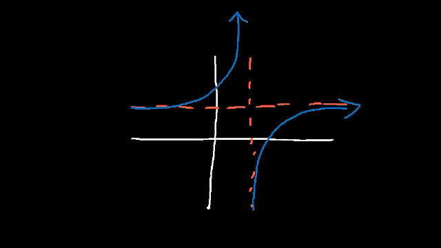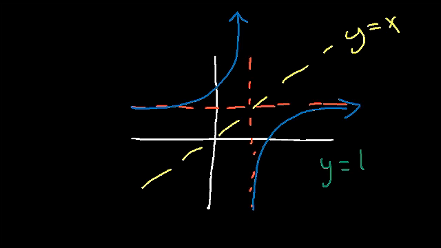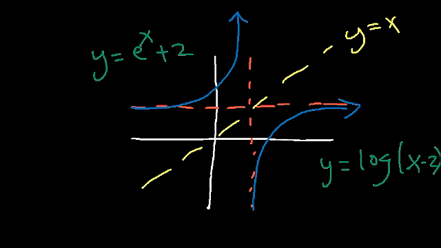So you could see the symmetry across this line. So this is y is equal to log, probably like x minus 2. And for this one, it's e to the x plus 2. And so those 2 functions are inverses of each other. They're symmetrical about the line y equals x. They reflect across that line.